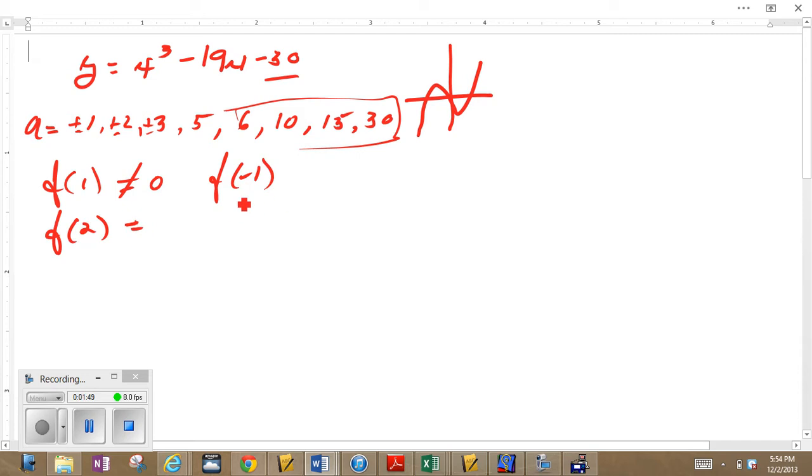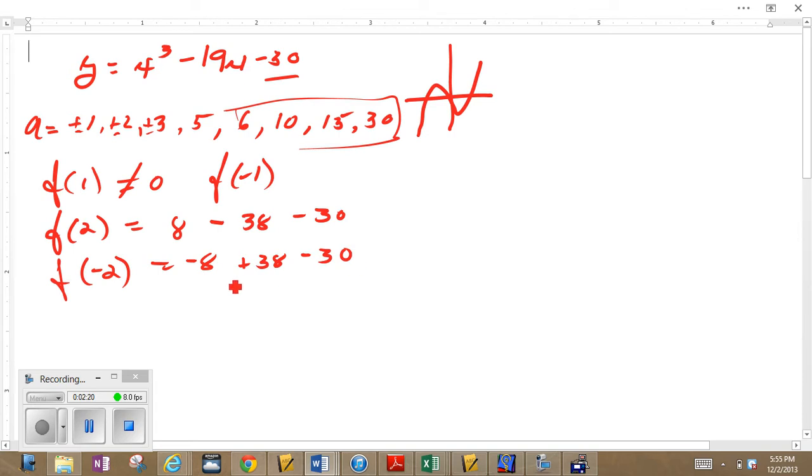So evaluating the function at 2 yields 2 cubed, which is 8, minus 2 times 19, which is 38, minus 30. Well, that's not getting me to 0, but I'm going to try the negative value. So I'm going to try f of negative 2, which will give me negative 8, and then plus 38, and then minus 30.